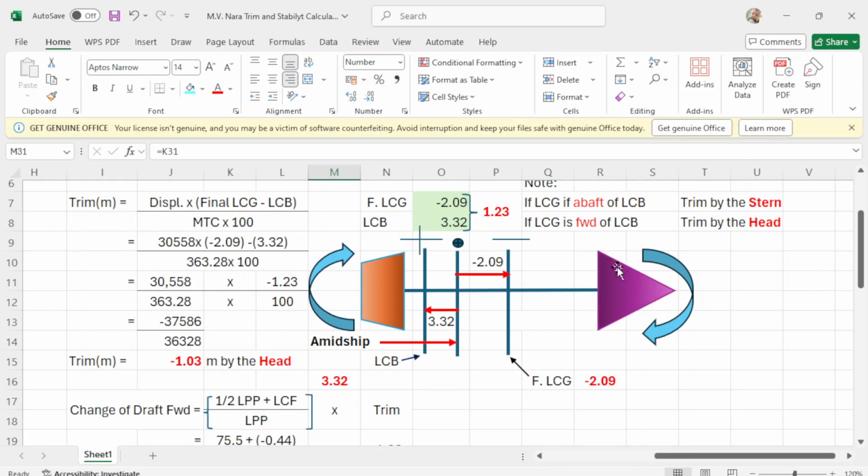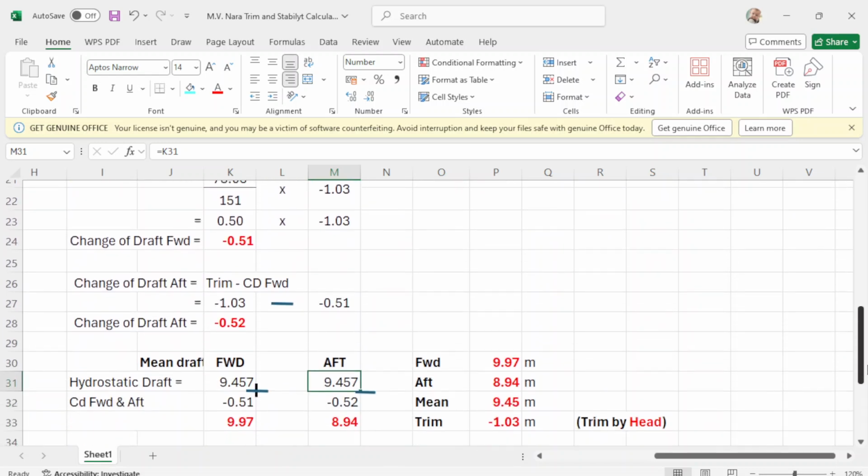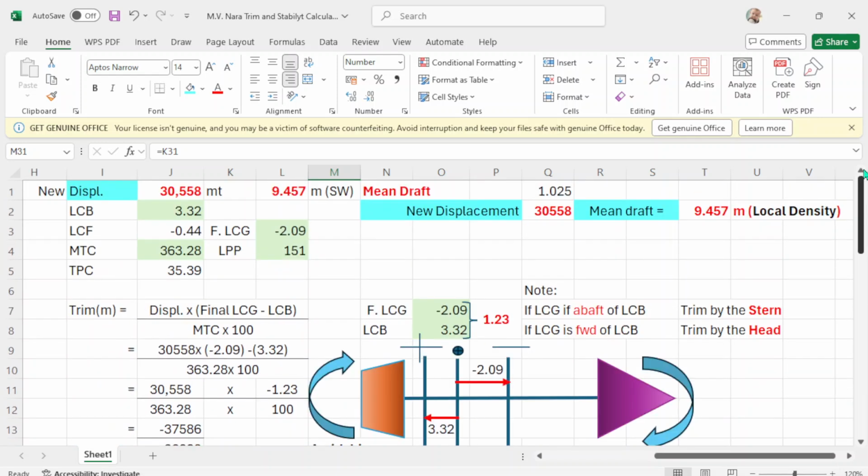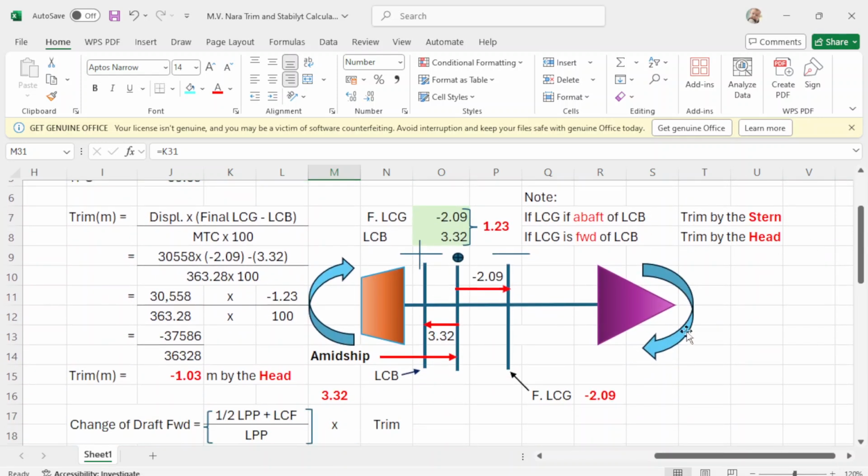So when the forward part of the vessel sinks, you will have more drop here, because it will go down, and up drop, when it goes up, you will have less drop here.